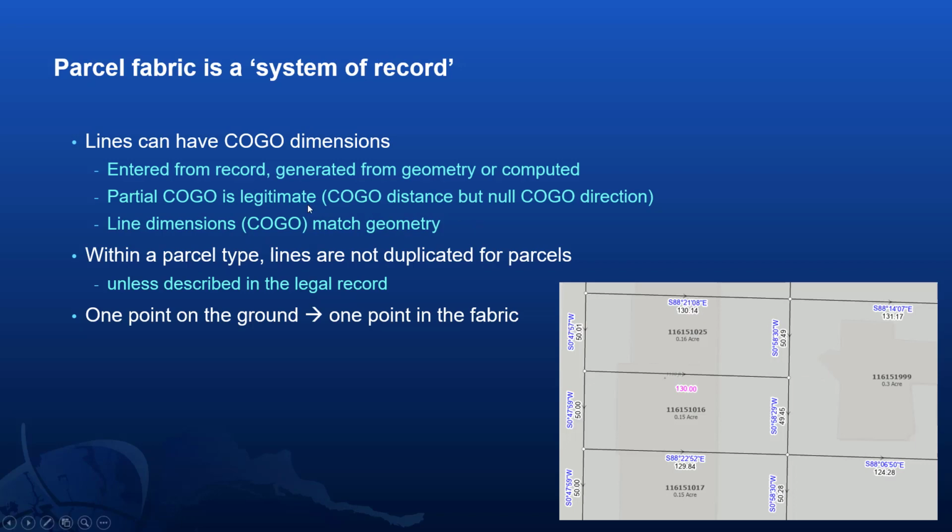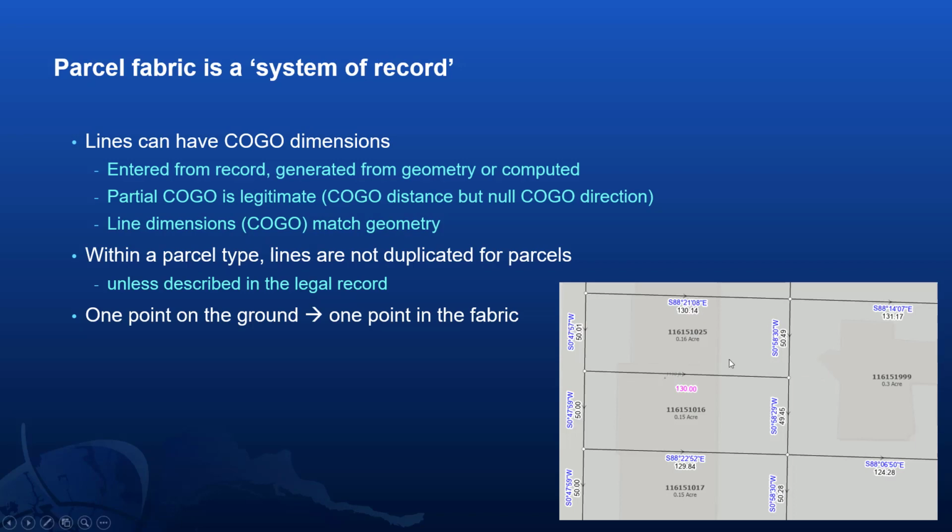If they didn't come from a legal record, we have a field called COGO type that can note if they were entered manually, or if they were generated from the geometry, what we call inversed.